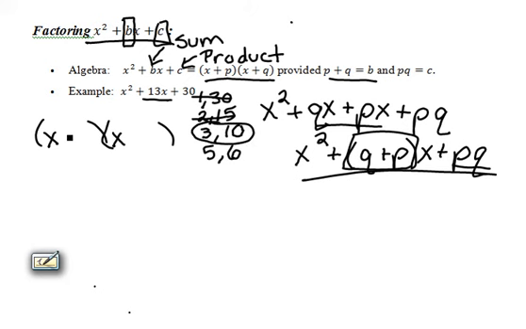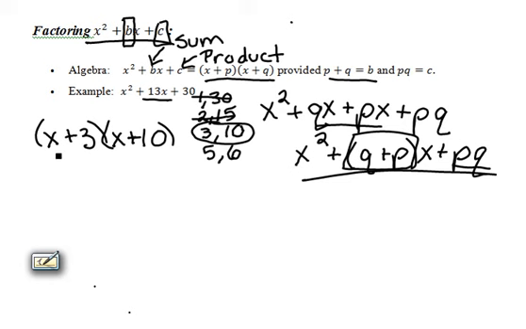So I can write this factorization as x plus 3 times x plus 10. Now if I would have written this as x plus 10 times the quantity x plus 3, that would be correct also. The order in which I write the two binomials does not matter. Now an easy way to check to make sure I have the correct factorization is to FOIL this out.